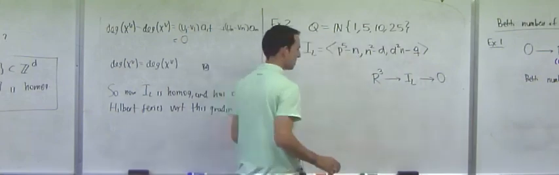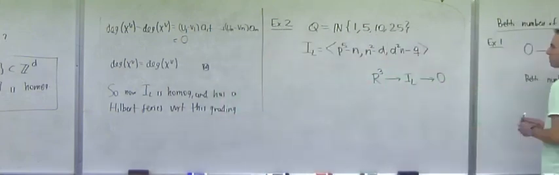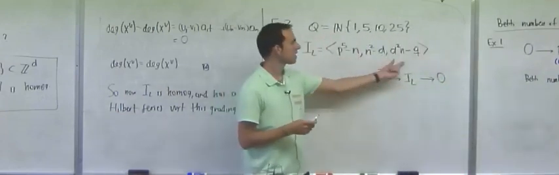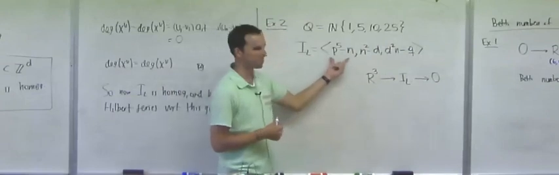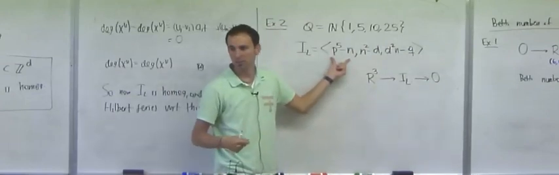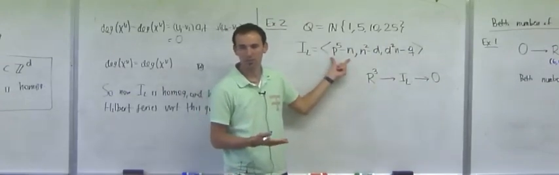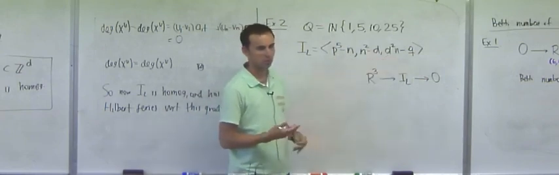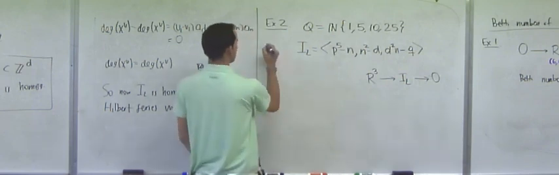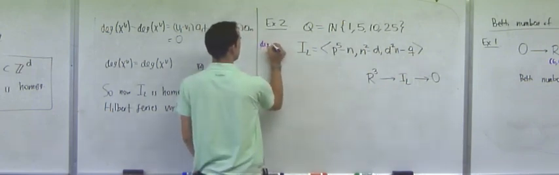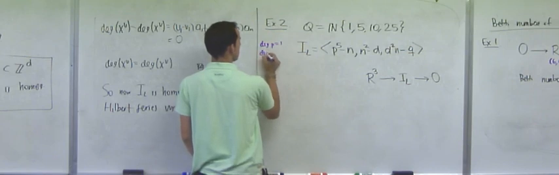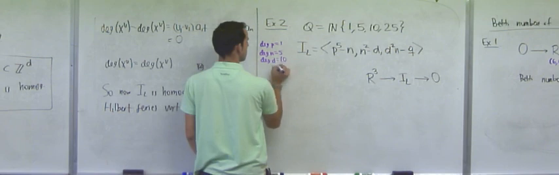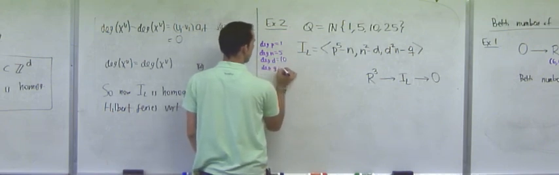Okay, so what's the shifting here? Well, I basically have to say what are the degrees of these guys. Just like the degree there was 6, 6, what is the degree here? Again, we have the issue that in our old version of degree, these things are not homogeneous. But in our new version of degree, what are we saying? We're saying that the degree of a penny is 1, the degree of a nickel is 5, the degree of a dime is 10, and the degree of a quarter is 25.